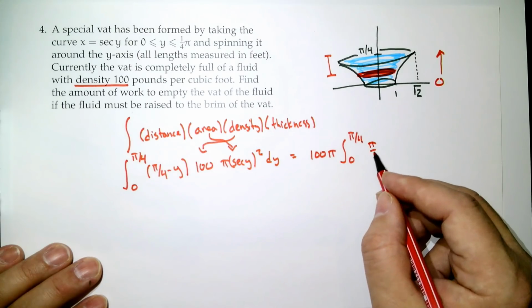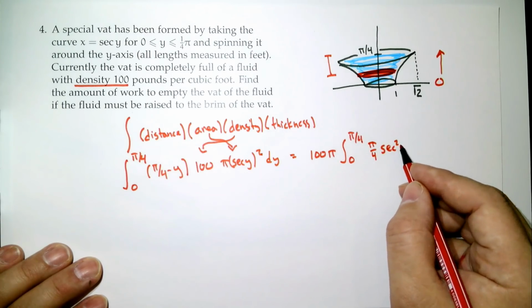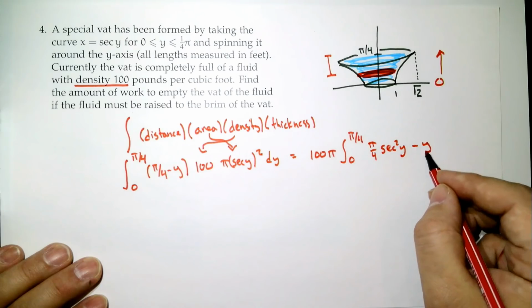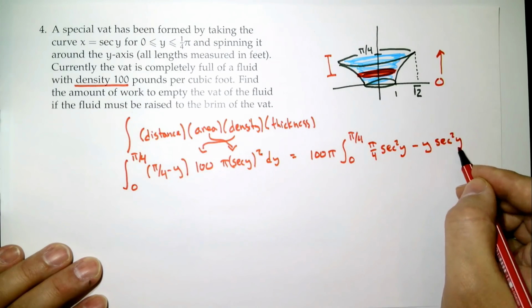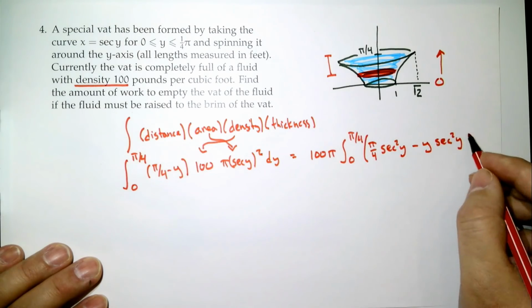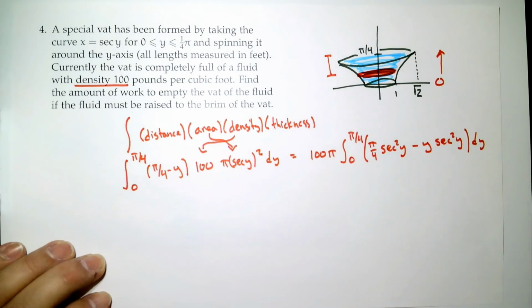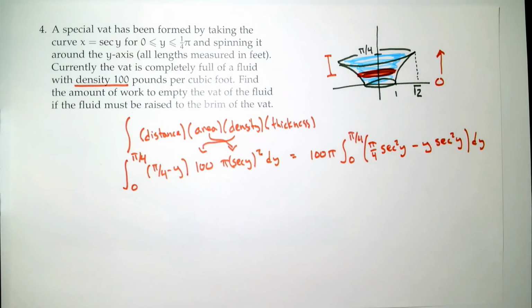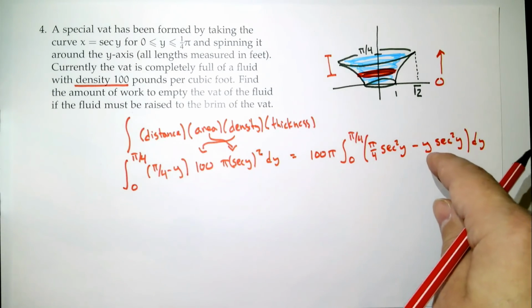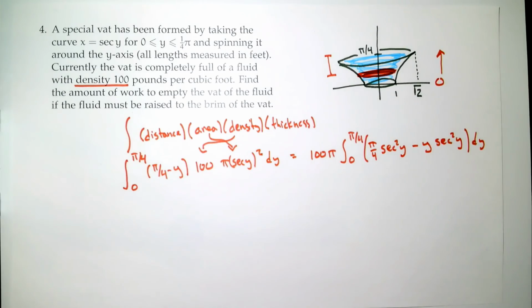So I have pi over 4 times secant squared y minus y secant squared y dy. Now, looking at this, I can't help but feel secant squared, we can integrate that. That's a pretty straightforward thing to integrate. But what happens when I multiply y by secant squared? Can we integrate that?